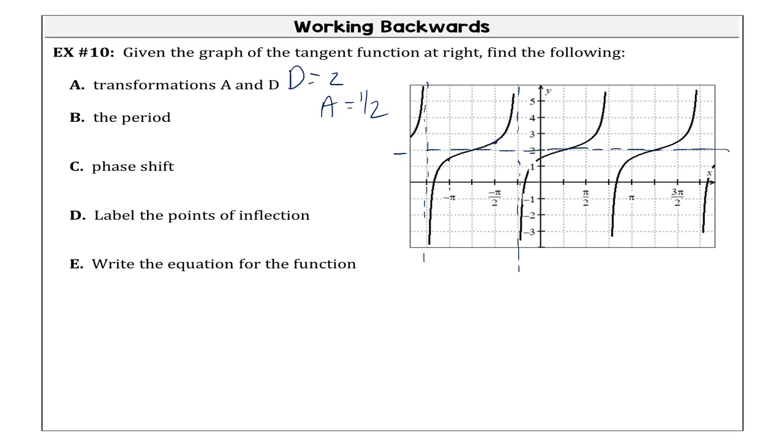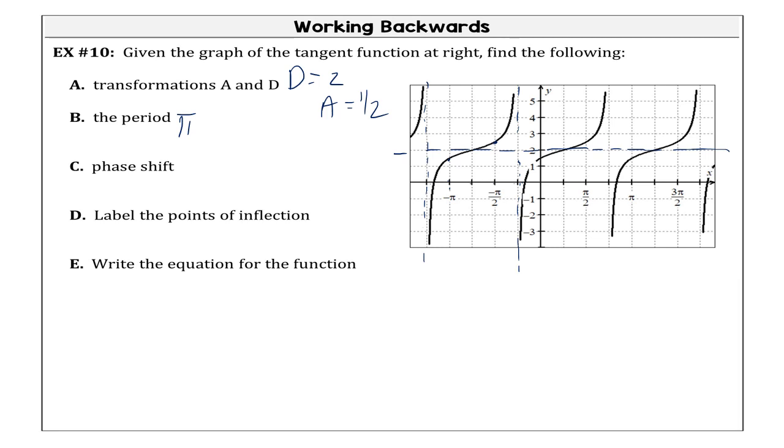Next is your period. So how long is it from one asymptote to the next asymptote? If you want to think about it in halves, each one of these is a quarter of a mark. So this is 1/4, 2/4, 3/4, 4/4 of a pi, which means that your period is pi. Your phase shift is how much did it move left or right.